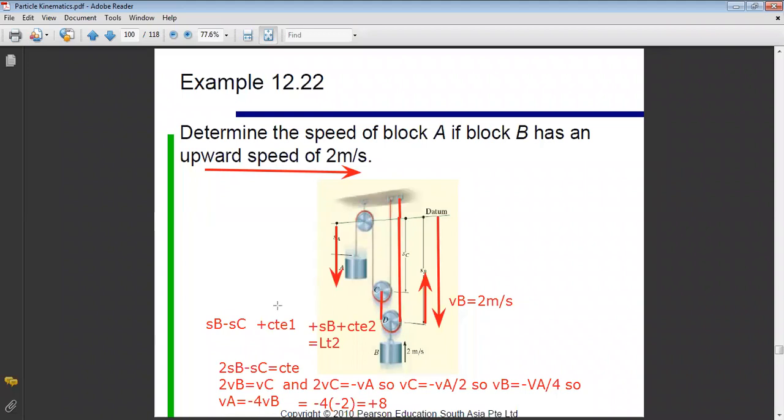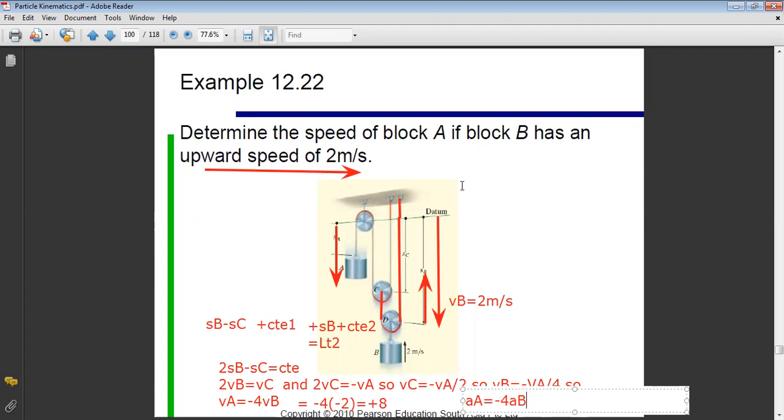So also, once you find a relation between velocities, you can deduce the relation between accelerations, because if you derive this relation with respect to time, you get the acceleration of A is equal to -4 acceleration of B. Now in this problem, I didn't give anything about the acceleration, so we don't need this relation.